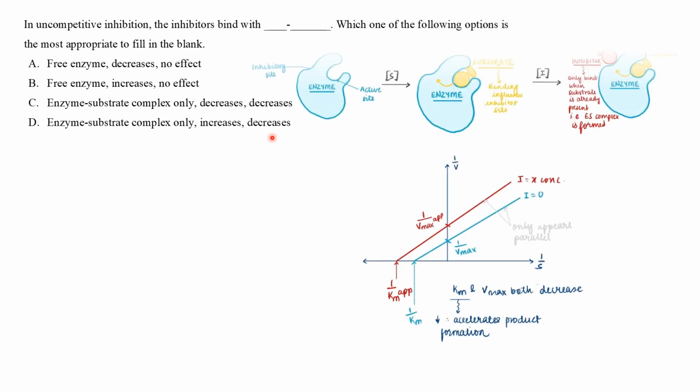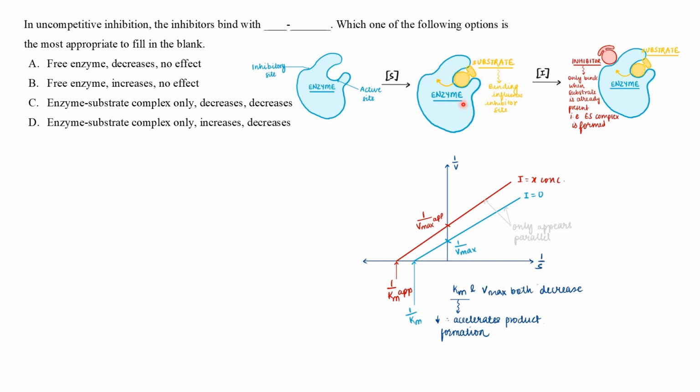For this, we shall refer to this diagram. Now, here, this is the enzyme. It has an inhibitory site and an active site. On addition of the substrate, it fits into the active site and it influences the inhibitory site.